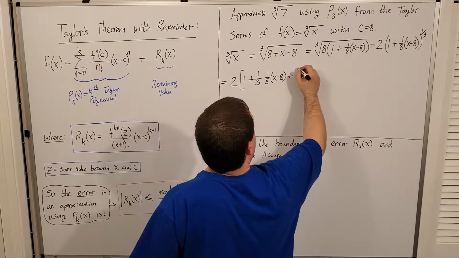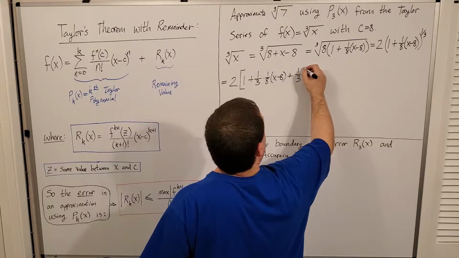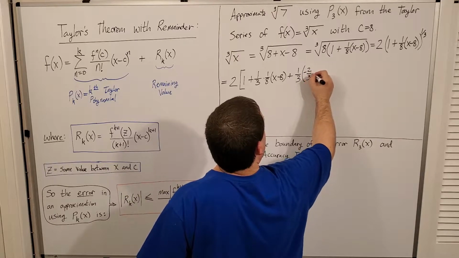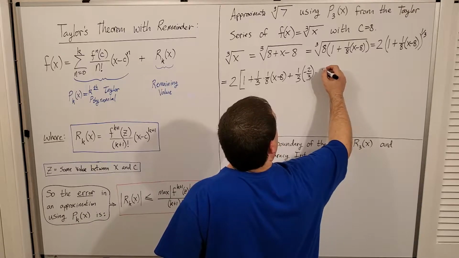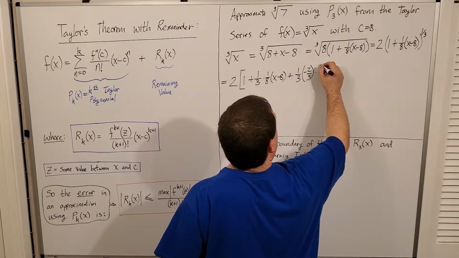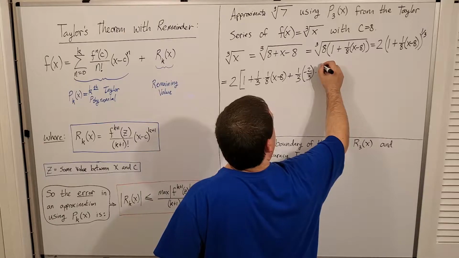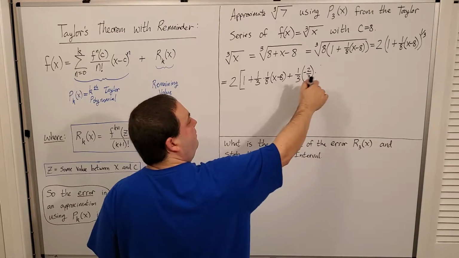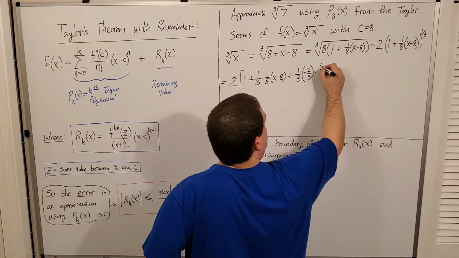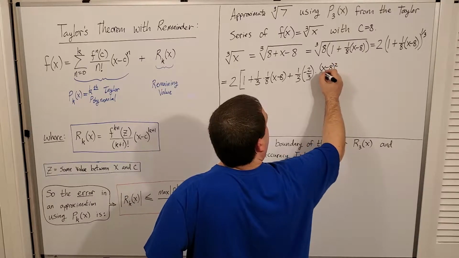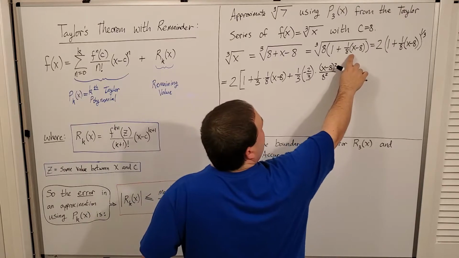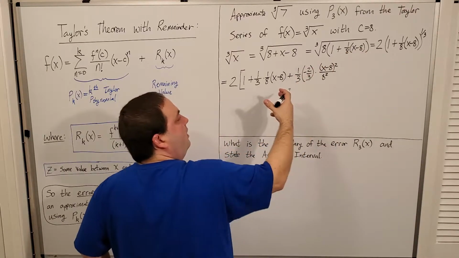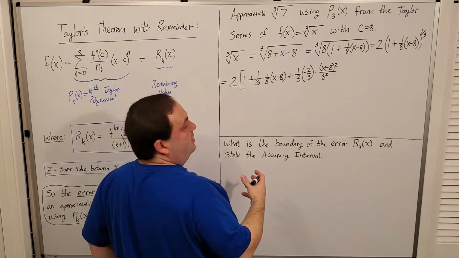Plus k times k minus 1 times x minus 8 squared over 8 squared. Remember the 8 and the x minus 8, that's part of the whole thing that I brought over that's being raised to that power.